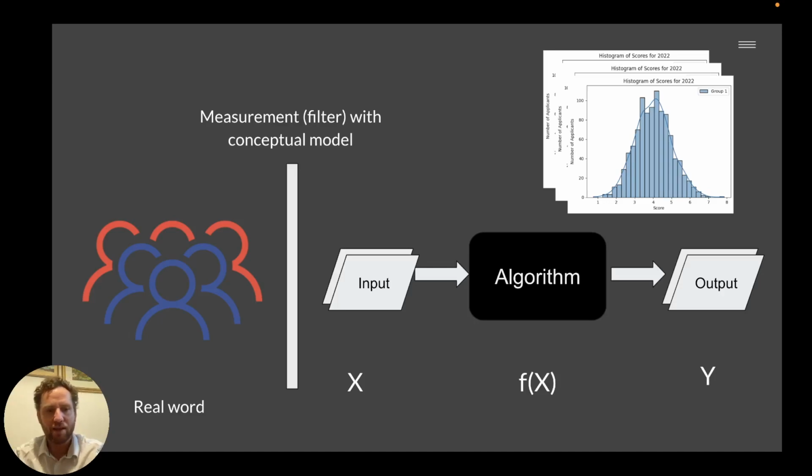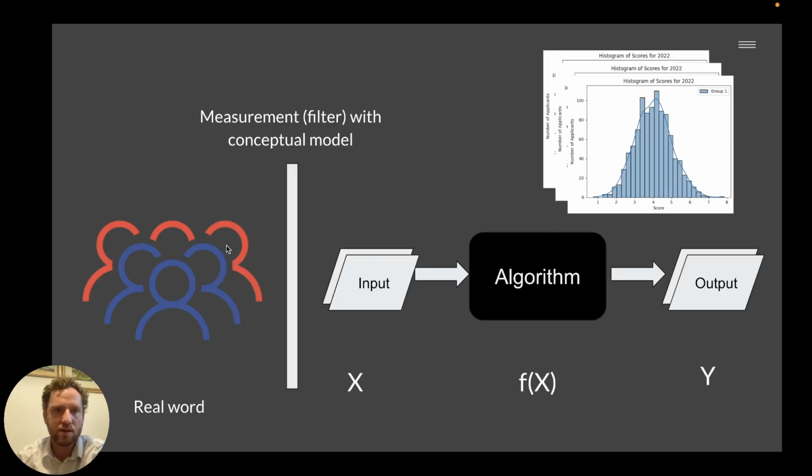You'll recognize this illustration from some of our other courses. The basic idea is that we have an algorithm, which is like this function that's going to take inputs and map them to outputs. This is the technical portion, but that's embedded in the real world.